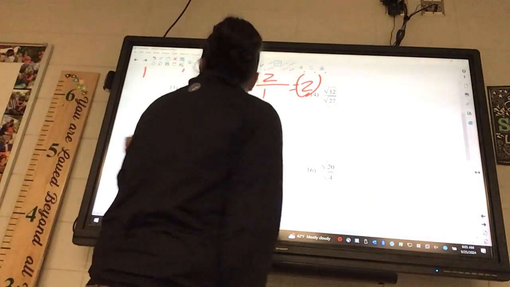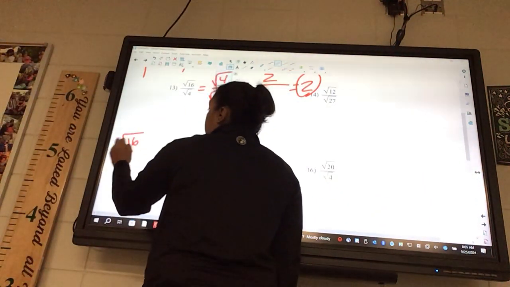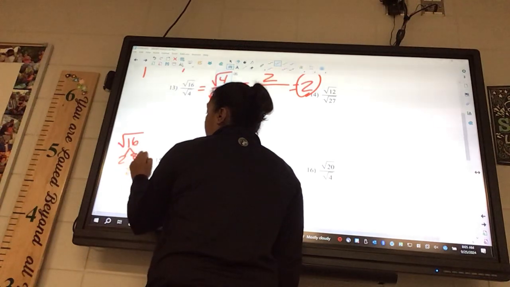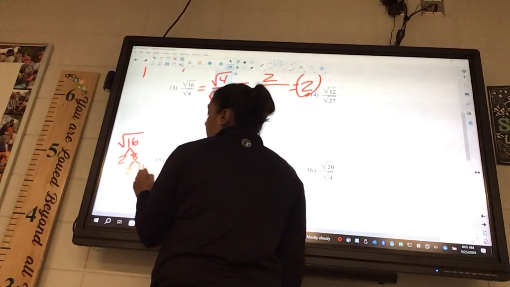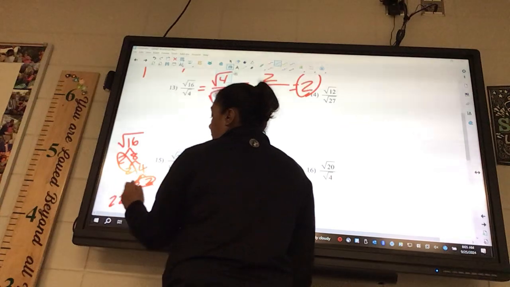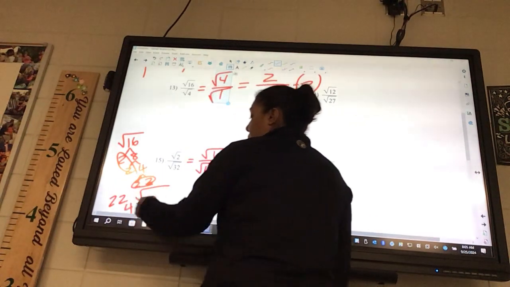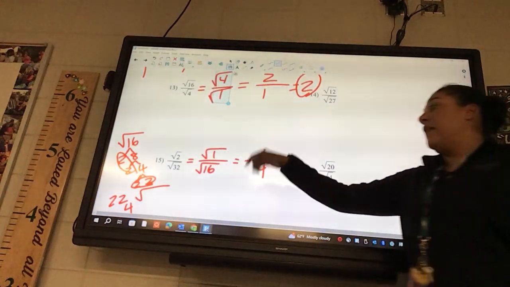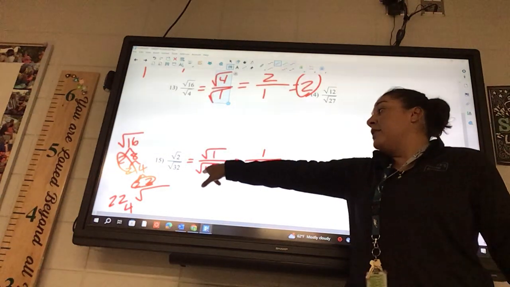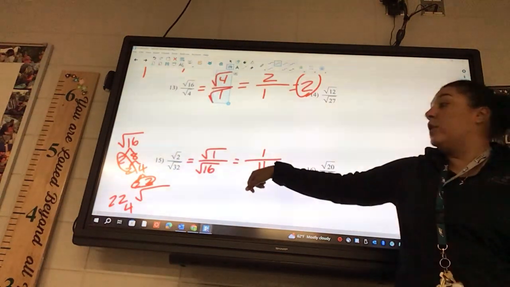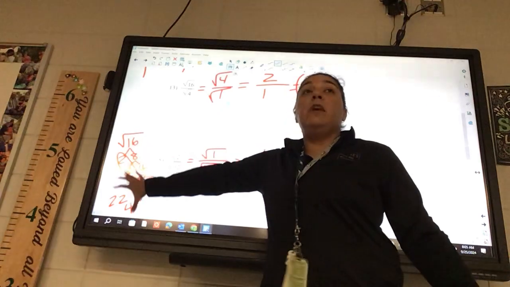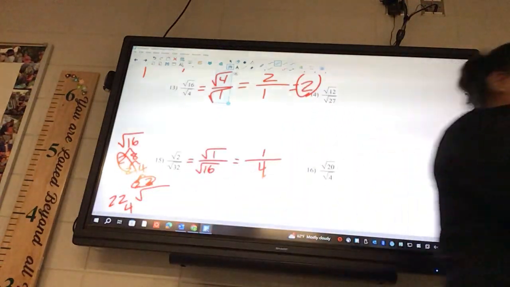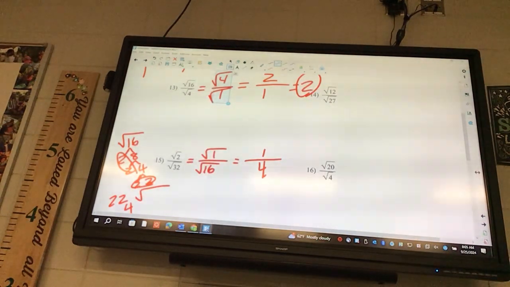And if that's not making sense to you, you can still do this. 2, 8, 2, 4, 2, 2. Okay, well, 2 groups of 2s can go, and then you're gonna multiply them, which is just 4, okay? So if you don't have it memorized that square root of 16 is plain 4, then do this. You guys all know how to do this part by now, okay? So that's an option.